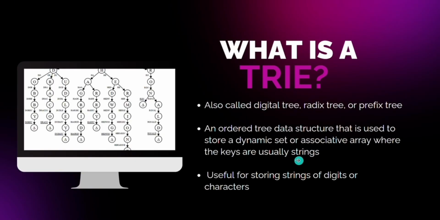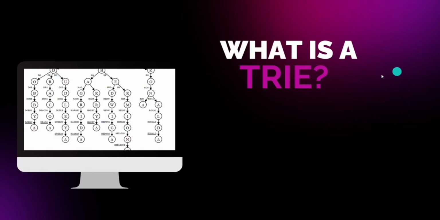Unlike the previously discussed trees, keys for the trie are strings. So it can be characters, strings of numbers. It is useful for storing strings of digits or characters. So it's not just characters, it can also have digits.